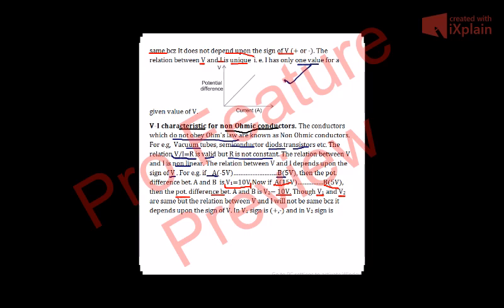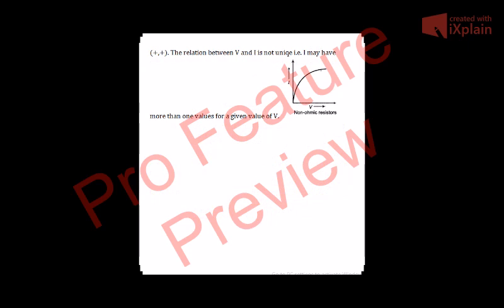So the relation between V and I in the first case, where V1 is equal to 10 volt, and in the second case, where V2 is equal to 10 volt, will not be the same, because it depends upon the sign of V. In V1 the sign is plus minus, and in V2 the sign is plus plus. The relation between V and I is not unique. What does it mean? It means that I will have more than one value for a given value of V. Suppose V is equal to 2 volts, I can be 1 ampere or 2 ampere or 3 ampere. It can have more than one value, so it is not unique.